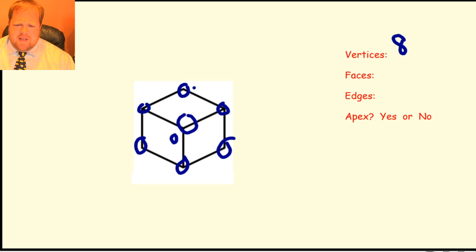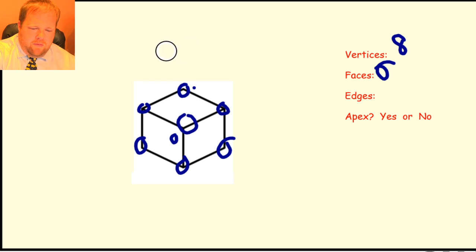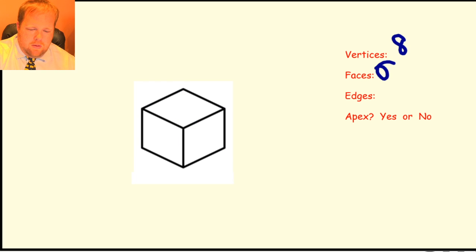How many faces does it have? I always think of a die. A die has how many sides? 6. Very good. Good counting. How many edges does it have? Let's get rid of this so we can count. And let's do a different color.